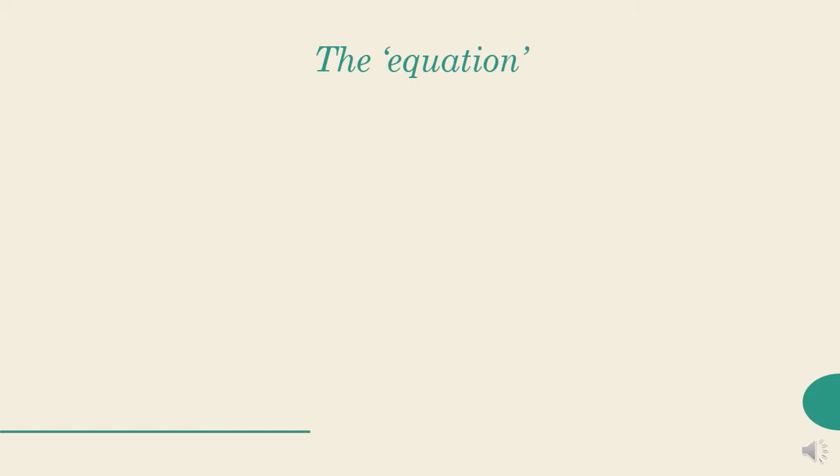So A equals P, and then in brackets, the number 1 plus or minus R to the exponent T. And now I'm going to write down what each one of those letters stands for, or is a placeholder for.